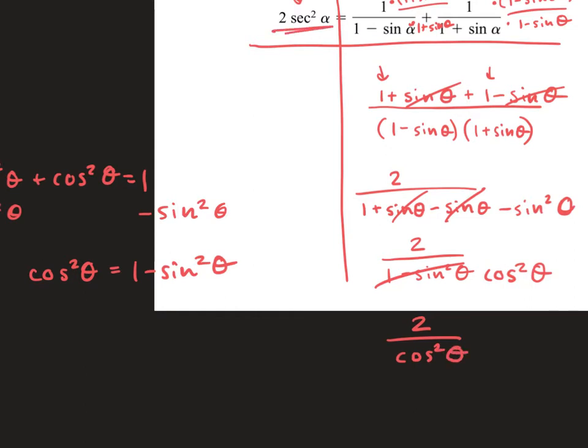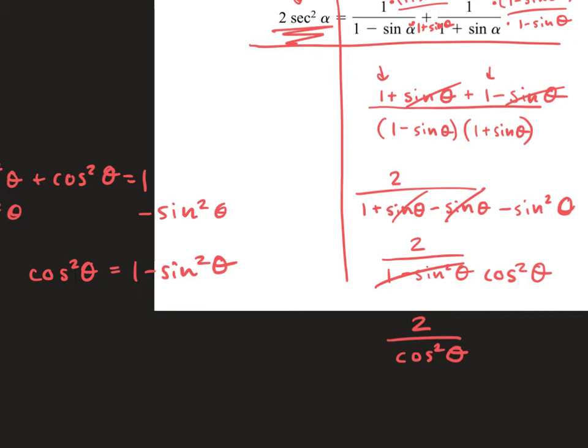Remember, our goal, every once in a while, look back up to where you're trying to go. We want it to be 2 secant squared. So how can we change this cosine squared on the bottom to become a secant squared? What's 1 over cosine changed to? Secant.